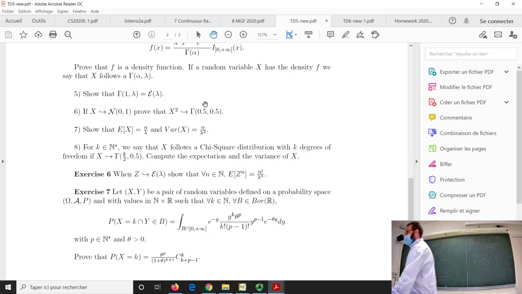Now, are you okay with what I have written here? Because I will erase it. In fact, what I want to do now is exactly the same. I will just have to modify things a little. The variance is defined as the expectation of x squared minus the square of the expectation of x. So it means that I want to compute this.